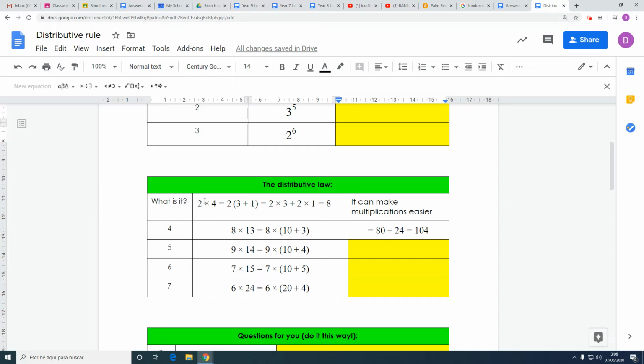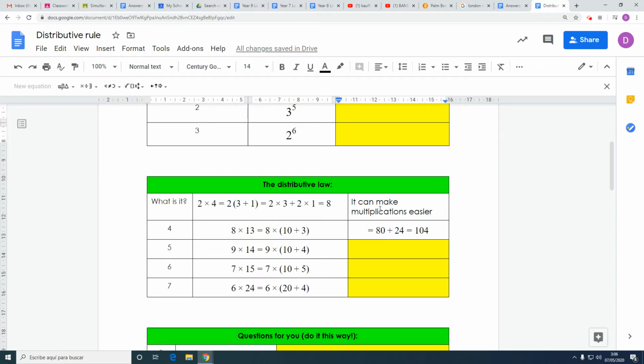So if we find this too hard, which obviously we're not, because that's an easy one, we could change it to make it look like 3 plus 1. And then it would be 2 times 3 plus 2 times 1. 2 times 3 plus, because there's a plus in the middle, not a minus, 2 times that second one there. So 2 times 3 is 6, 2 times 1 is 1, add them together, you get 8.